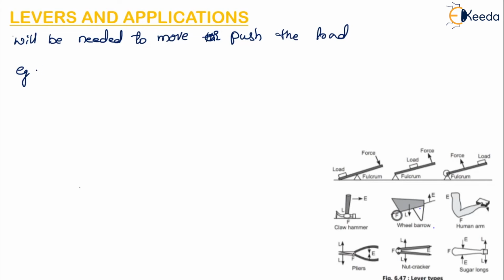Examples for class 2 levers are a trolley, a bottle opener, and a blade. These are the examples for class 2 applications.